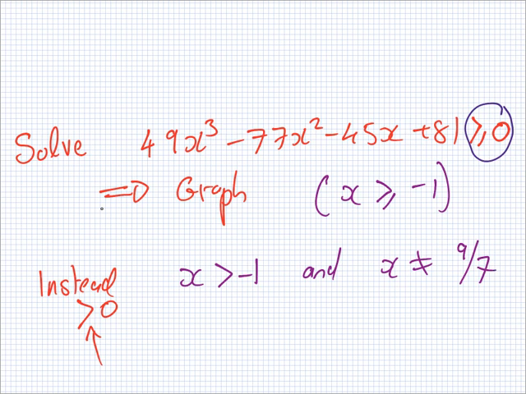I'm going to type it in first, okay? -b, that's 2, plus or minus square root of b squared minus 4 times a times c, all over 2a. Yeah, so minus 2 squared. Four, yeah.